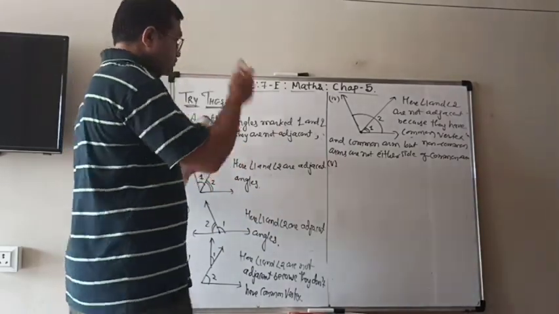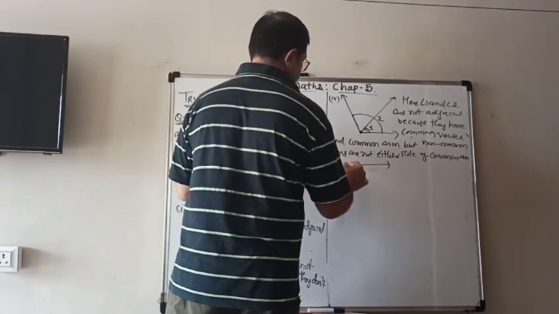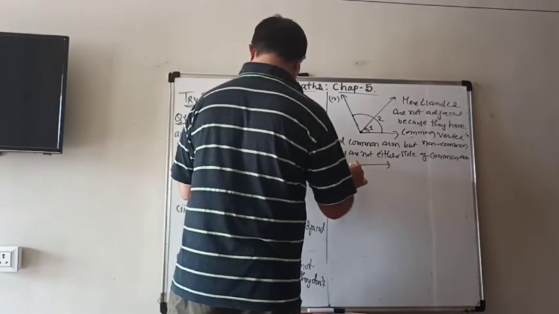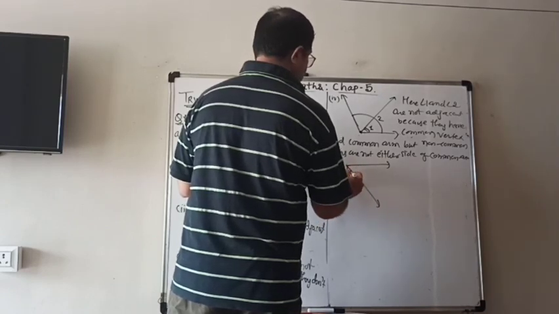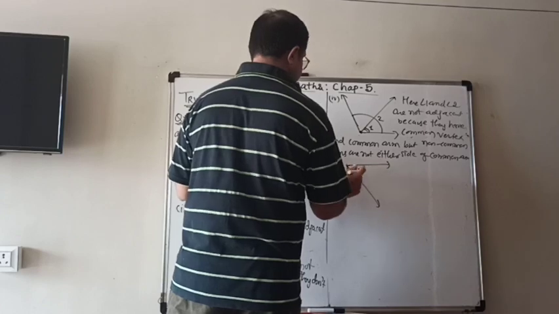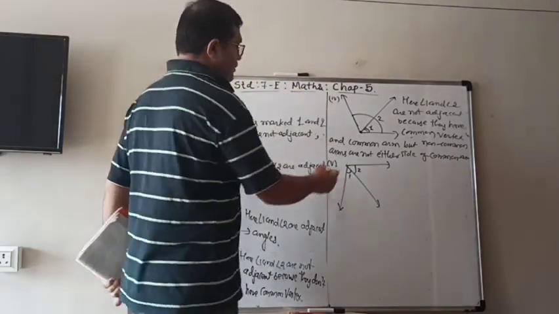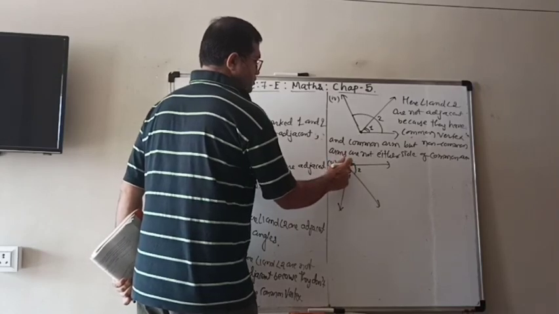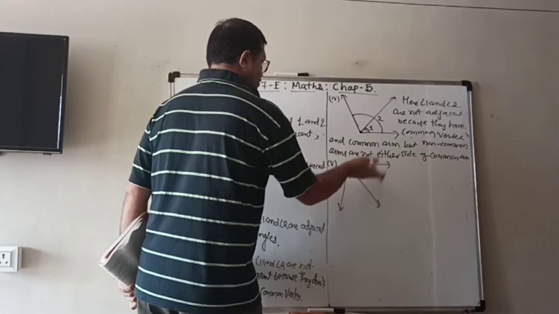Fifth one. In the fifth one, it is like this. Here is angle 1 and here is angle 2. Now you can see that they have the common vertex here. This is the common arm and the non-common arms are on either side.